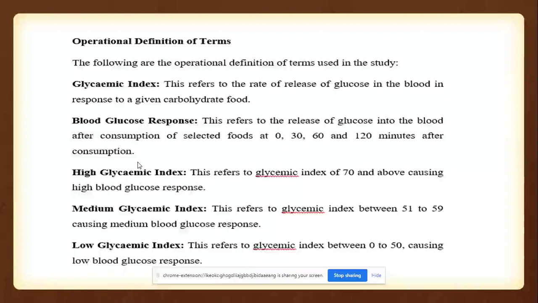After the purpose of the study, we move to research questions. After research questions, we move to research hypotheses. After research hypotheses, we talk about the significance of the study. Then we talk about the delimitation of the study. Then we explain the limitation of the study and then the operational definition of terms. These are all that are expected to be in your chapter one. Thank you for listening.